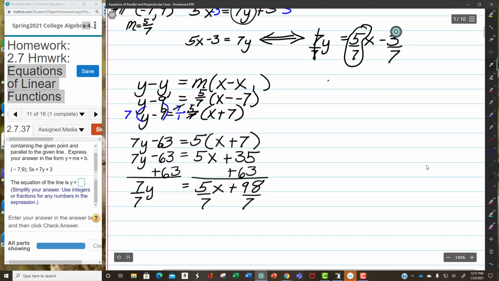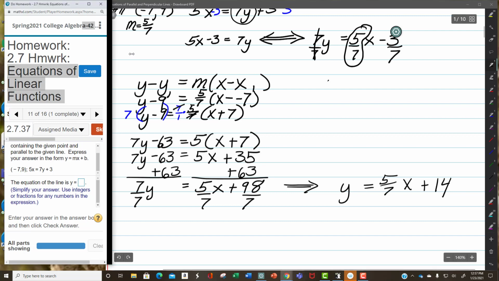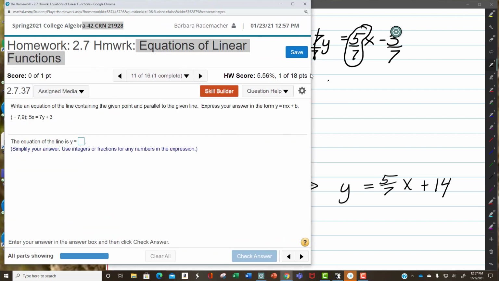So what we're going to have is y equals 5/7 x plus 14. Now I come over to the answer box.